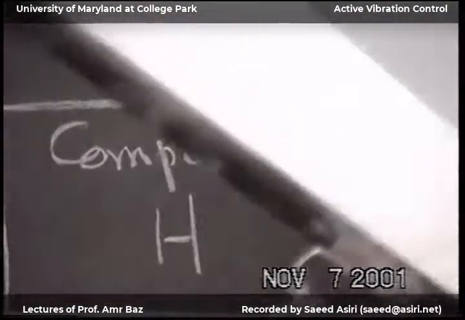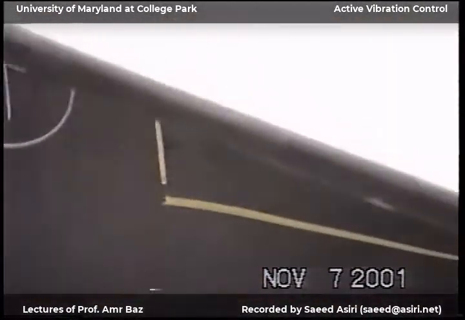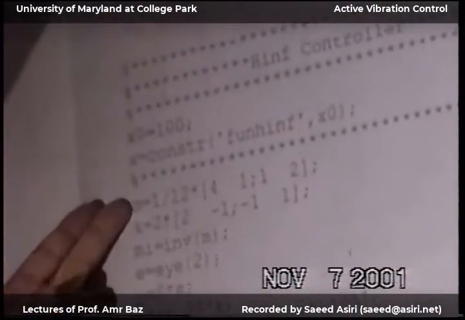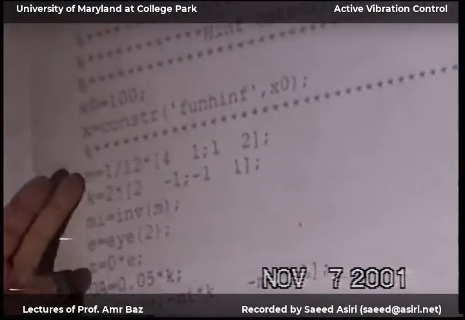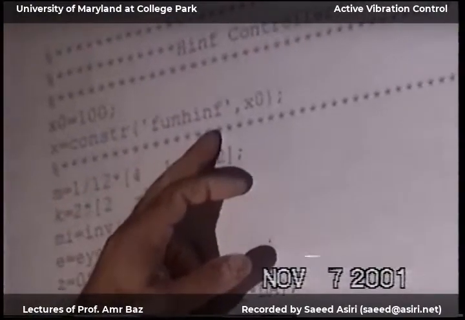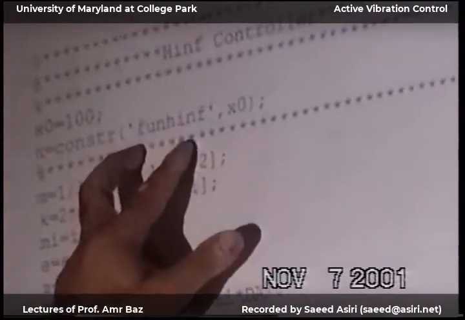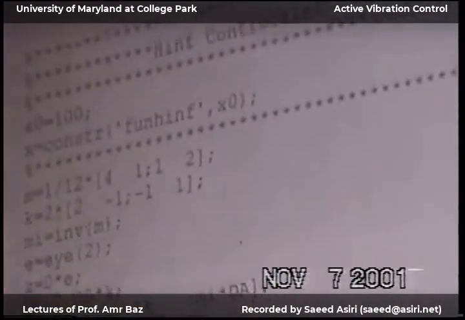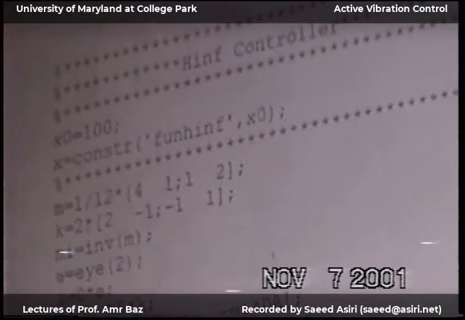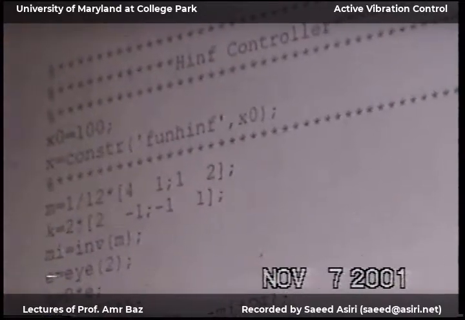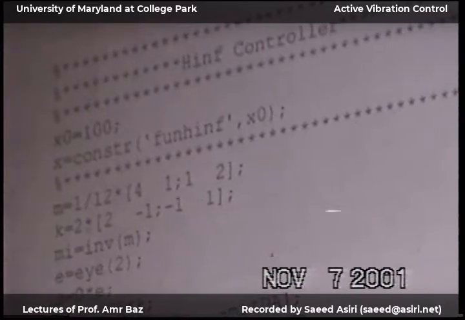I want to get the minimum value of gamma. So all this section is summarized in these two lines. I begin with an initial guess, and then apply the constraint optimization on this function routine, starting from this initial guess. This function routine, you have the handout that showed how to calculate for this system the H infinity for it.